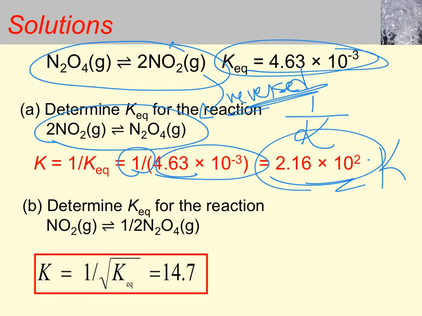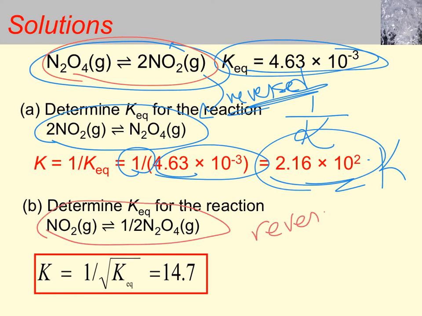Part B, let's look at what we've done. All right, so we have reversed this reaction, and we've done something else to it. We've multiplied by 1/2, a factor, or you can say we divided by 2, however, but since we've been talking in terms of multiplication so far, we'll keep it that way.